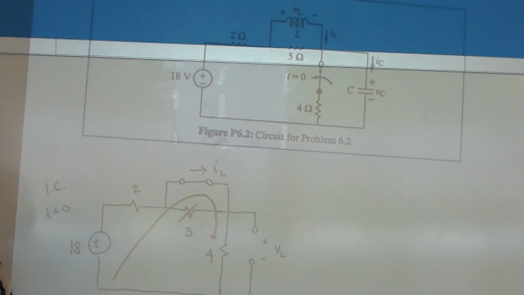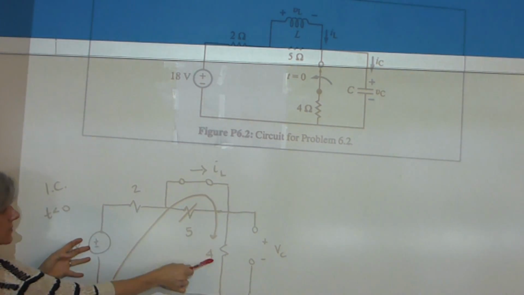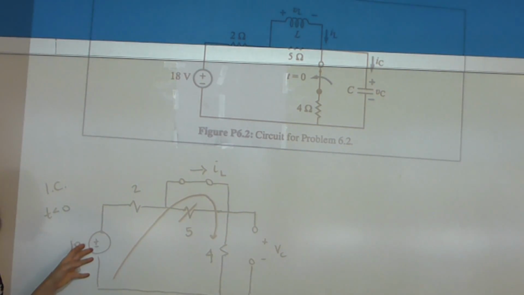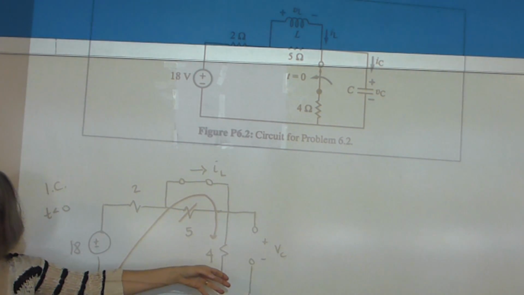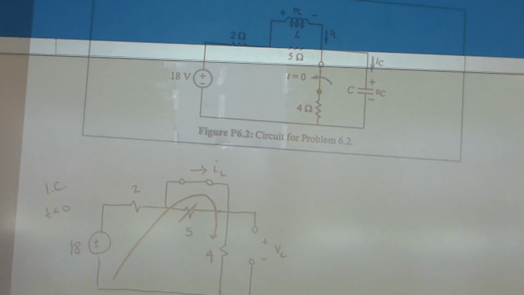If I want to know I sub L, I've got 18 volts and 6 ohms, so I can just do V equals IR. Or if you wanted to, you could do a KVL: minus 18 plus 2I plus 4I, either way. Is it possible to do the source transformation? It is, but I think that's more work than you need to do.